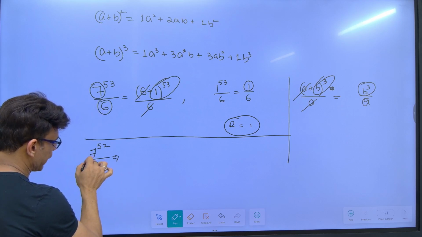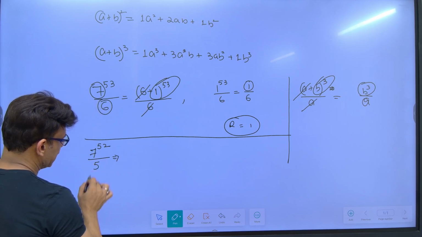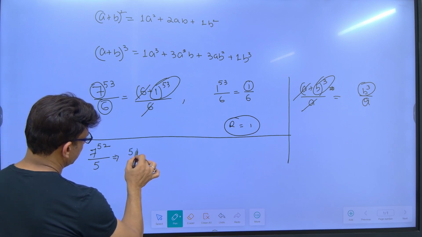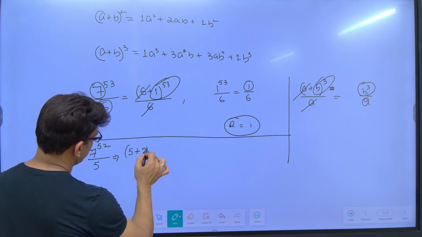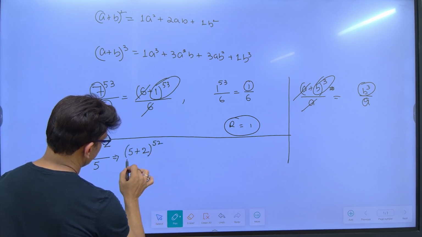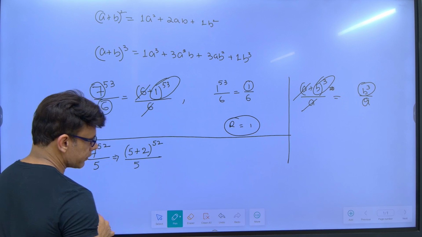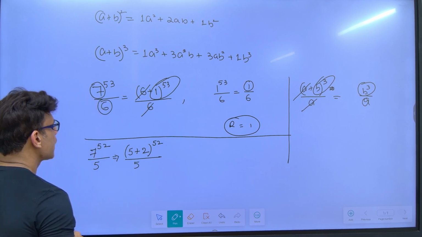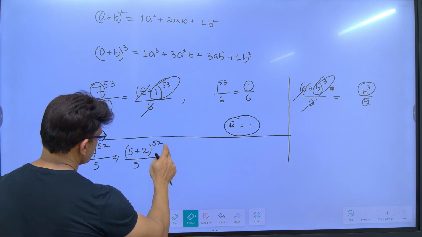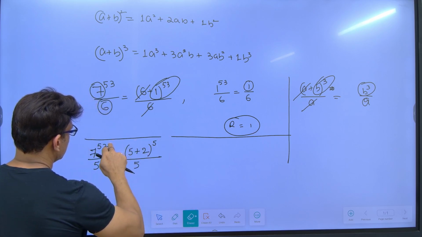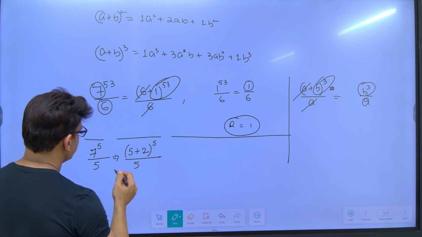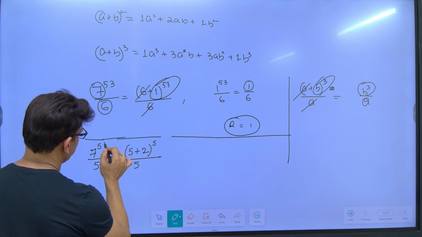So I will have to write this 7 in such a way that something initially gets cancelled out. Let's take 51, just for an easy explanation of the concept.